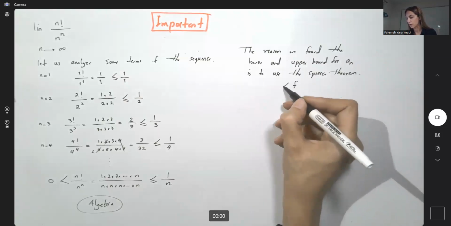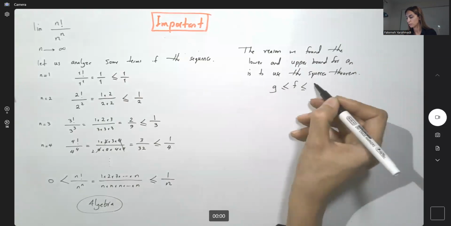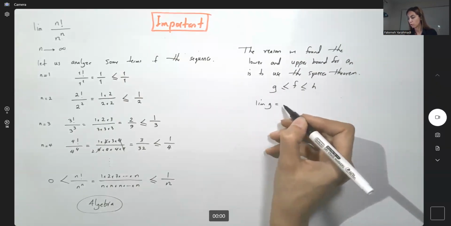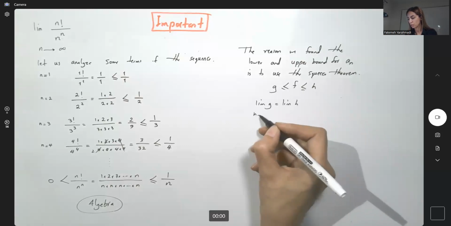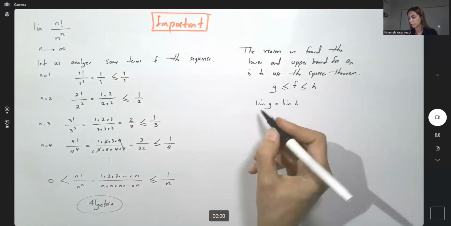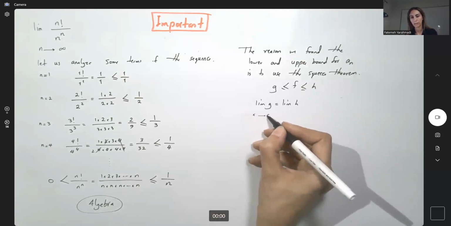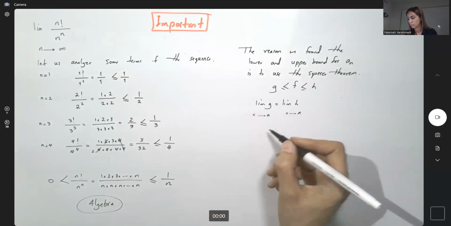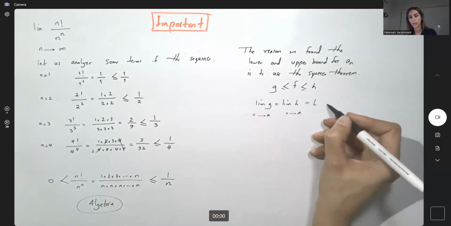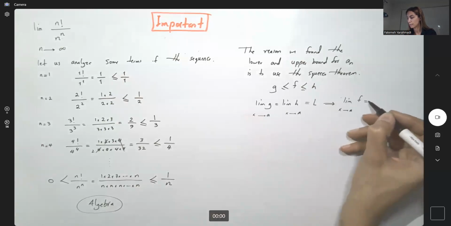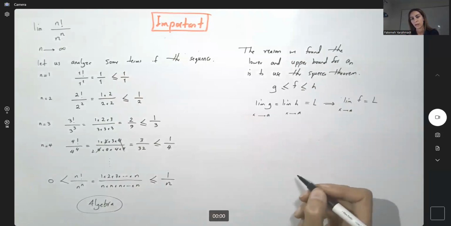It says, if you have a function bounded between two other functions, and the limit of g is equal to the limit of h as x, or n, whatever your variable is, approaches a, and they are equal to L, you can conclude that the limit of f as x approaches a is equal to L as well.